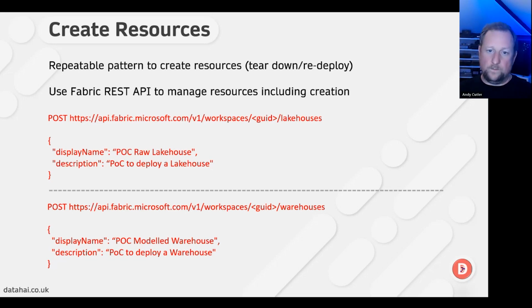It's possibly worth doing if you're going to do several proof of concepts. What I've done in my own tenant is create a workspace with several default items: a lake house, a warehouse, a pipeline, a notebook, and I've connected that workspace into source control, into DevOps.